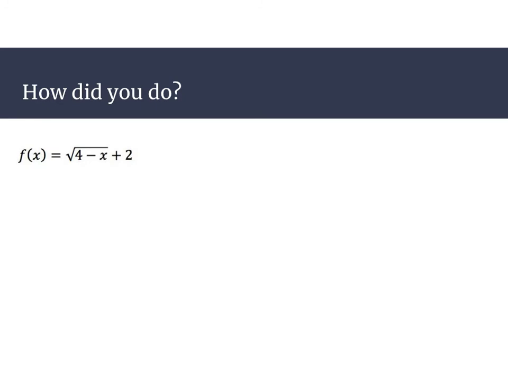The last one I asked you to do was a square root function. The square root function was set up just a tiny bit differently to see how well you guys were paying attention. When we look at trying to graph this function, again, we have to recognize first what's happening underneath of that square root.